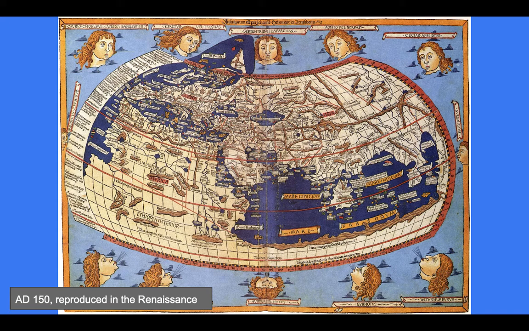But Ptolemy was a cartographer. He's seen as one of the founders of modern geography, and this is his map. But we don't have the actual maps from his time period. This map comes from the Renaissance.